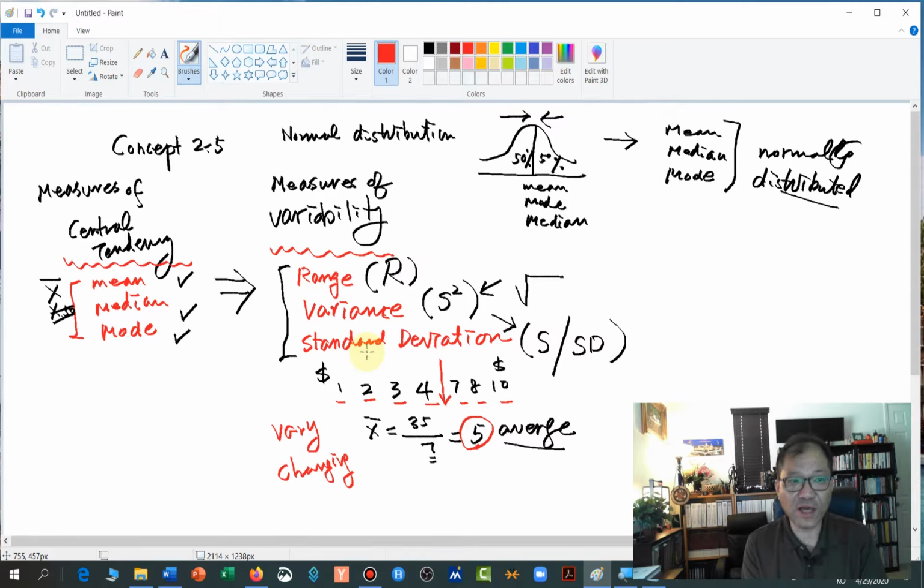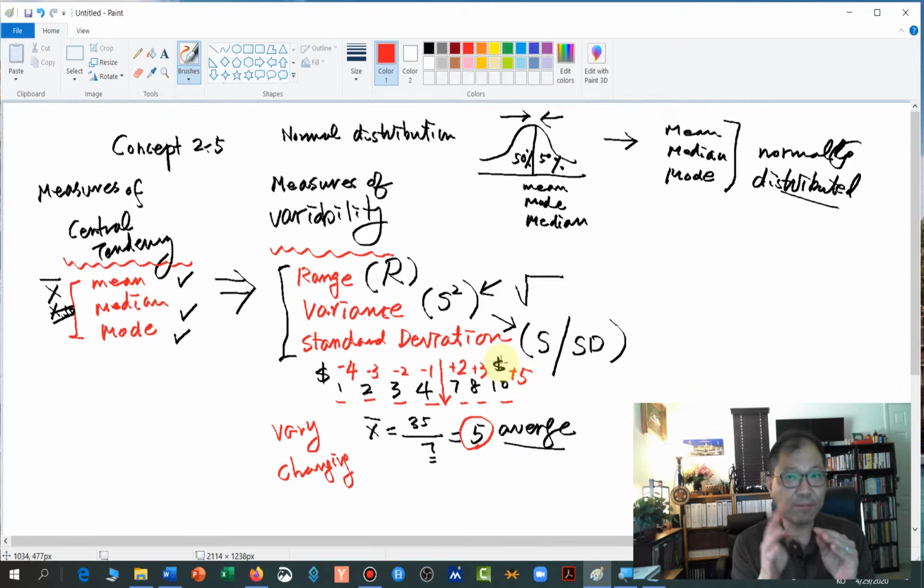You have only $1. So you have $4 short. What about if you have $2? You got $3 short. What about $3? You got $2 short. $1 short. What if you have $7? You have $2 more dollars. What if you have $8? You got $3 more dollars. What about $10? You got $5 more dollars, right?